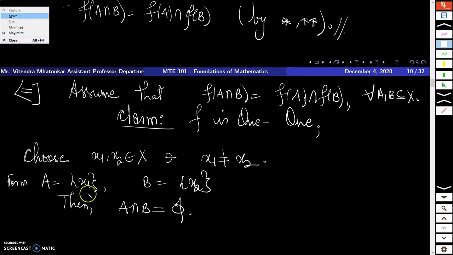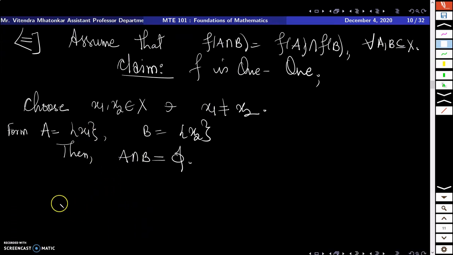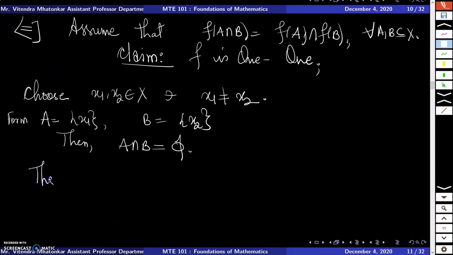Then what is f of x1 intersection f of x2? Let's look at this. Then if I look at this set f of x1, this is a set now, intersection f of x2. Okay, what will be intersection of these two sets? Yes, now that's correct.